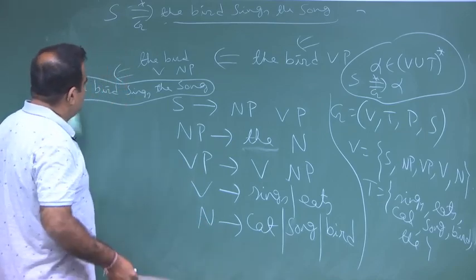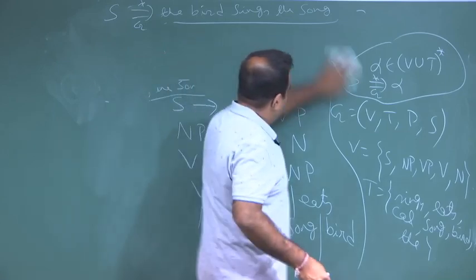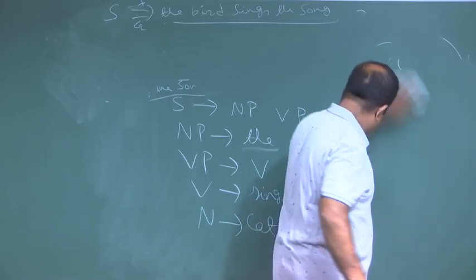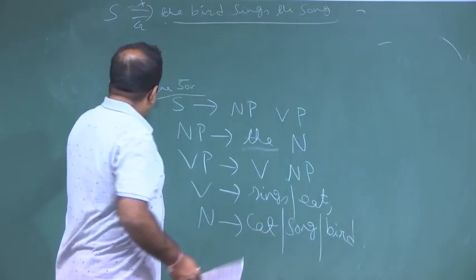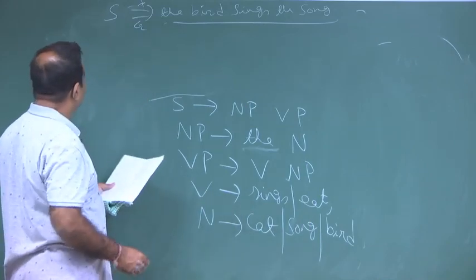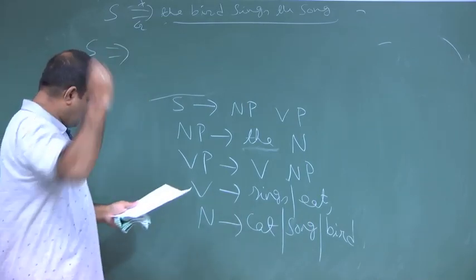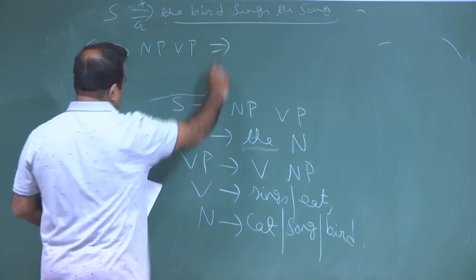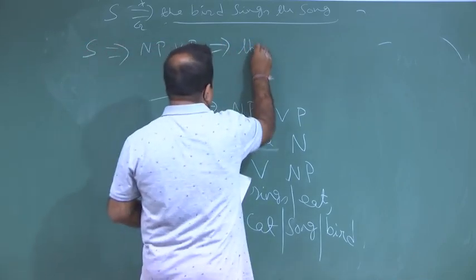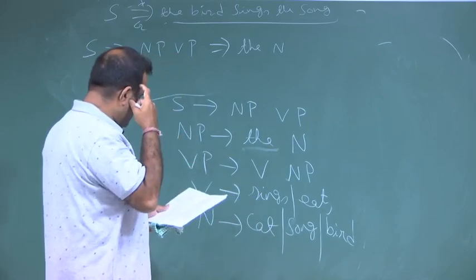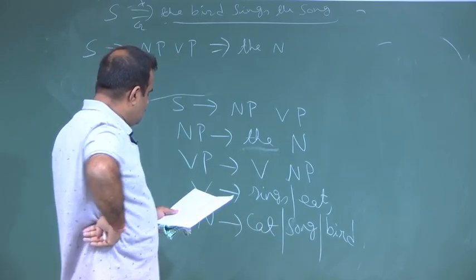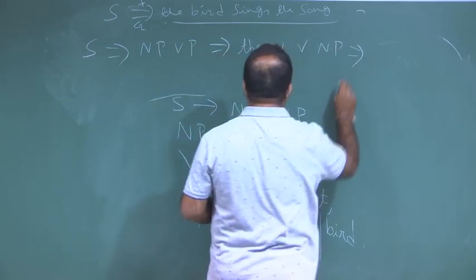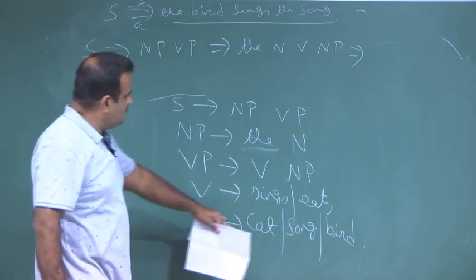Okay. Now, we will try to get another string out of this. So, we start with S. From S we can go to NP VP, there is no other option, and from NP we can go to the N. VP also we can go to V NP. Now, N can go to any one of these.